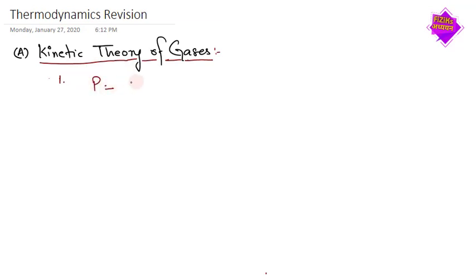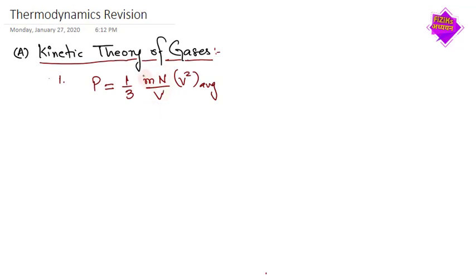The pressure comes out to be a very simple formula: m n by V into v square average, where m is the mass of an individual gas molecule, N is the total number of molecules of gas, and V is the volume.